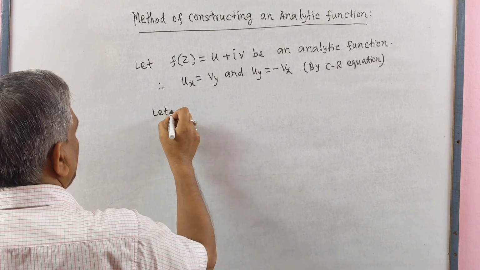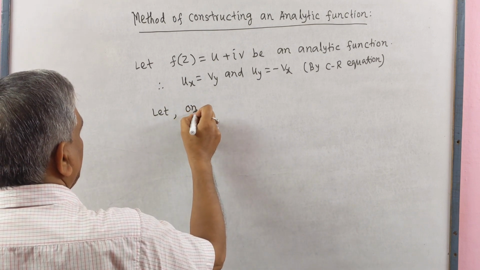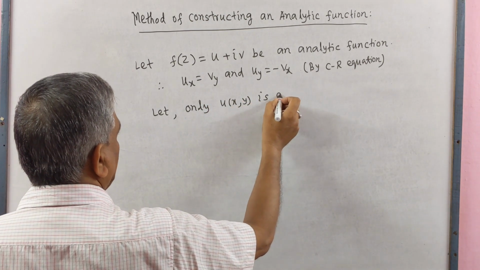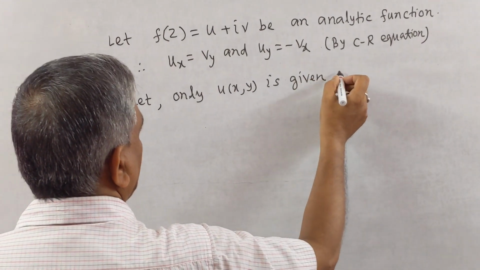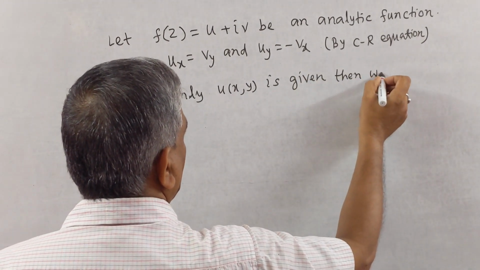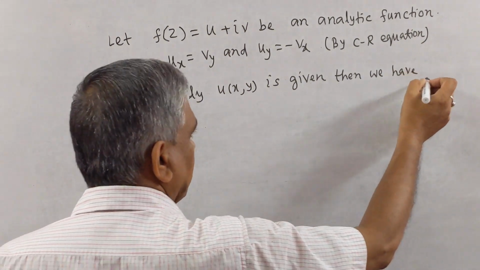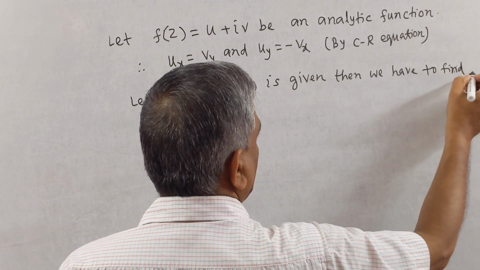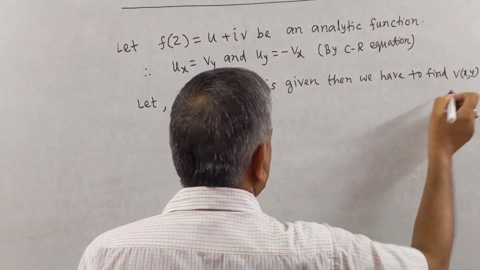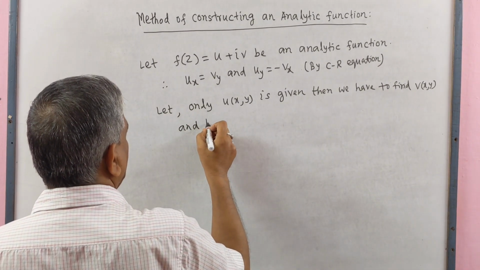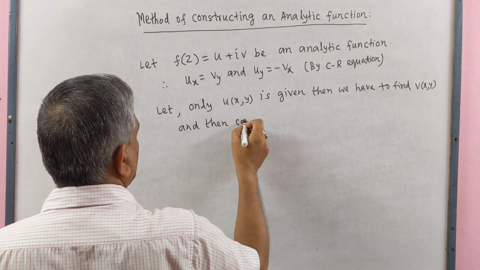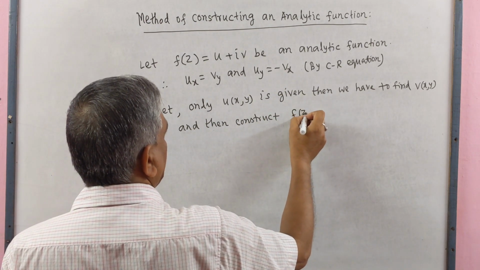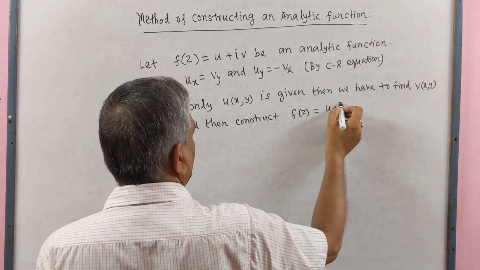Let only u(x,y) be given, then we have to find v(x,y) and then construct f(z) = u + iv.